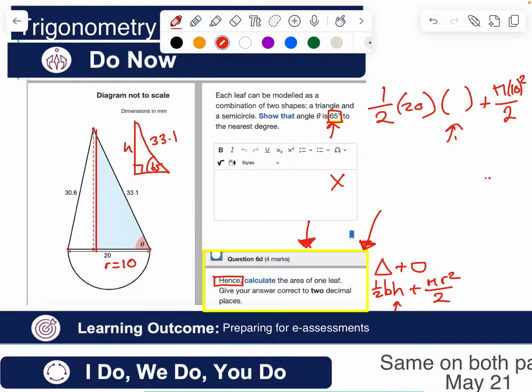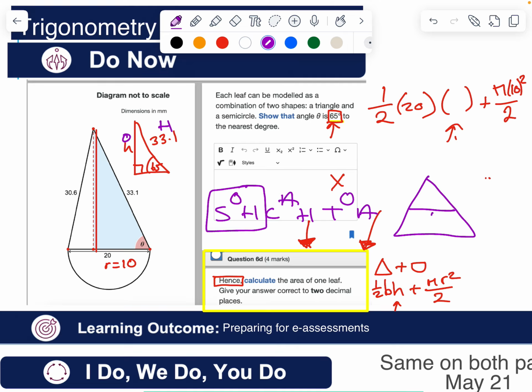Now you're going to be using SOHCAHTOA. Silly old horses can't always hear the other animals. This is also in the formula booklet. H is my opposite in this question, and this is my hypotenuse, so I'm going to be using the first one, sine. I like to use triangles, as you know.